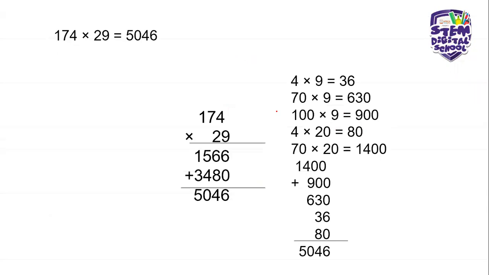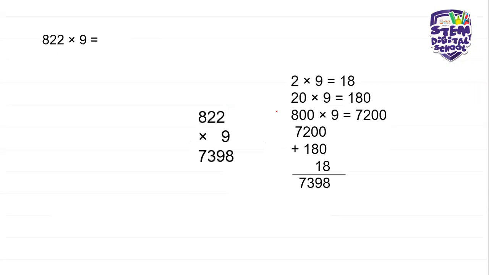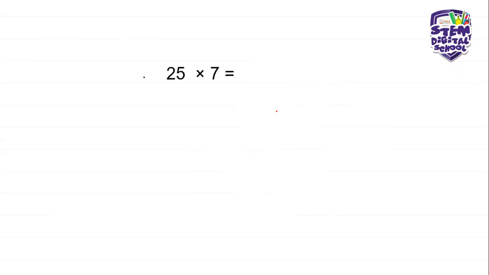Right, let's go and try some examples. I would have wanted us to do that. Right, guys, due to time, and I want us to try as much as possible, try this one.